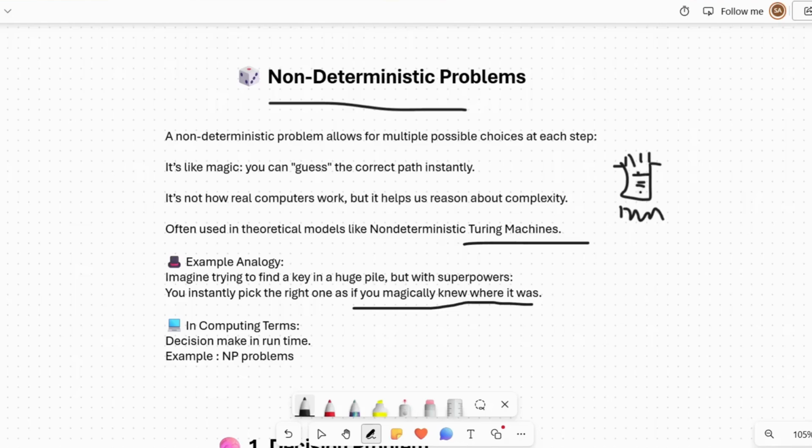You boil some water and decide to make tea, but you can make lots of types of tea: milk tea, lemon tea, and green tea. You can choose any one because the path is not fixed. We take the decision at runtime, so that is a non-deterministic problem.